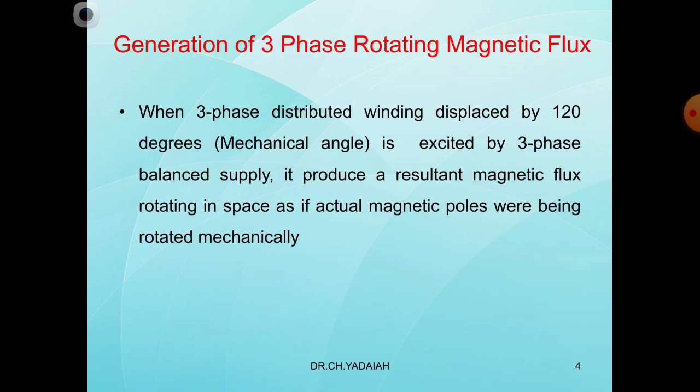Then what happens? When only AC supply is given to the three-phase motor, it produces a magnetic field rotating at synchronous speed. The stationary rotor cuts this rotating magnetic field.